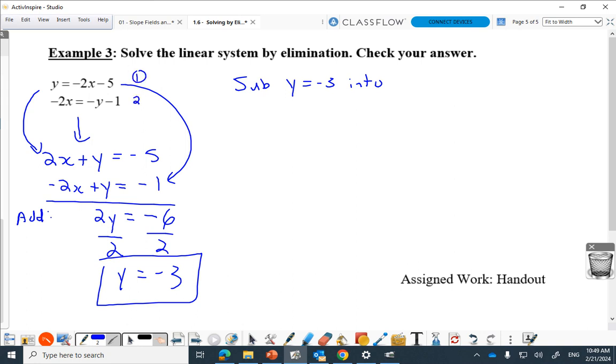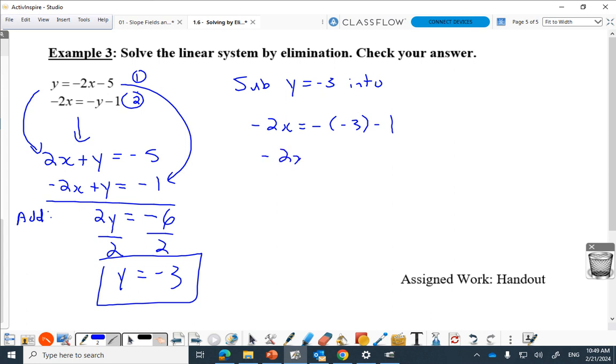2. So she's going to go negative 2x equals negative negative 3 minus 1. Careful there, right? The negatives can mess you up in a hurry because the equation 2, and maybe you went down here, and that's fine. But I went after that equation. But any of those you can sub into, and you'll get the right answer. Whichever one you use, you should get negative 2x equals 3 minus 1.